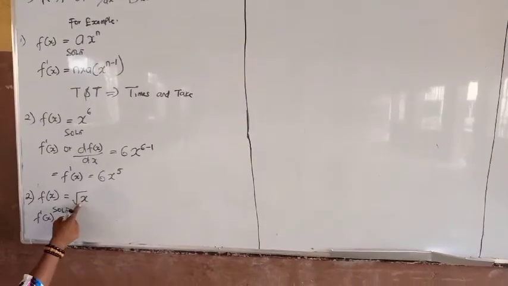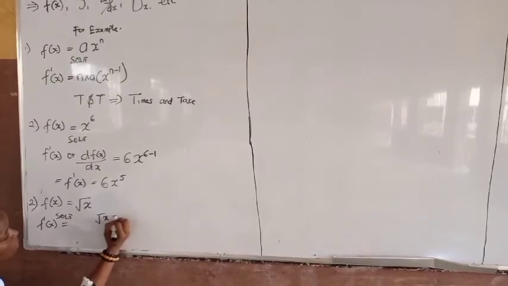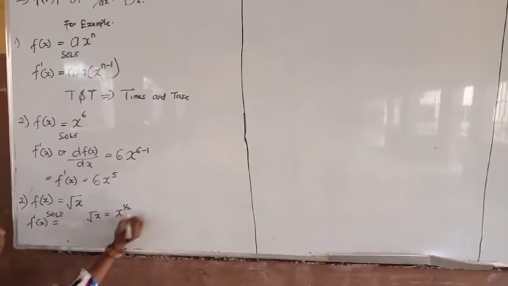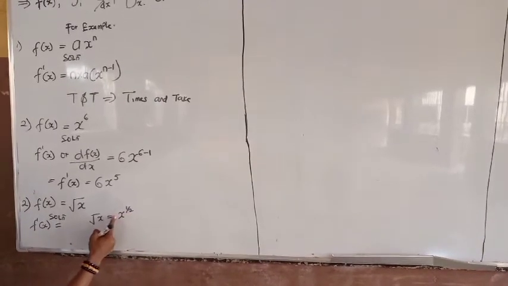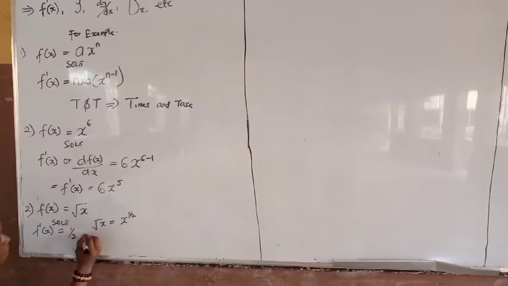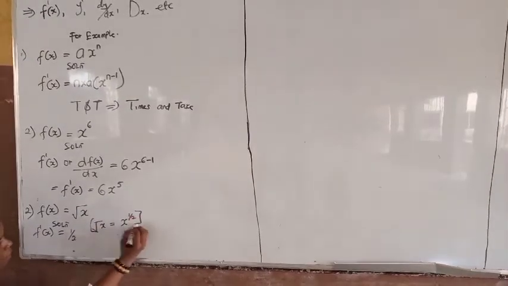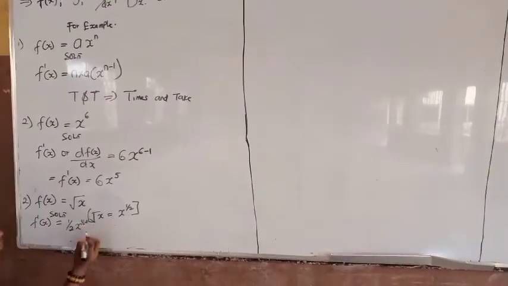Remember from the law of indices that I can write this as x raised to the power 1 over 2. So that my f prime will be: multiply the power with the coefficient, and the coefficient here is 1. So I will have 1 over 2 x raised to the power of 1 over 2 minus 1.